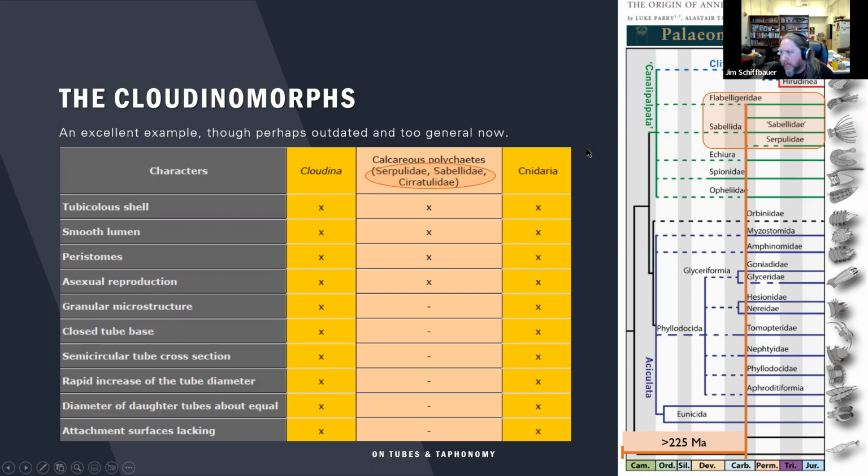And the organisms that Vinn and Zaton were largely comparing these cloudinids to fall within the sabellids or the serpulids or the cerapulids. And we don't have a fossil record of those until we get into the Carboniferous. So there's a 200 million year gap that we need to explain, I think, between the Ediacaran and the origin of those groups specifically. So perhaps we should be looking a bit further in the record, or at other annelids potentially that would be more appropriate comparators for the cloudinids proper.